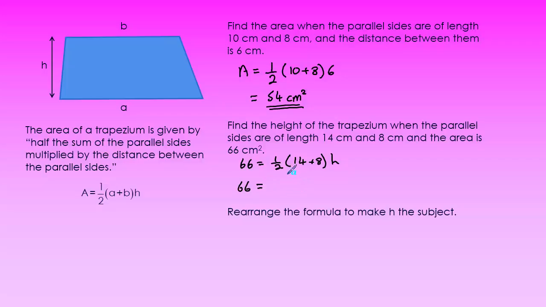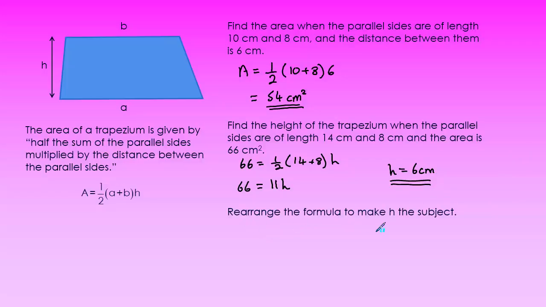So 66 is half of 14 plus 8, times h. So 14 and 8 is 22, half of that is 11. And then 66 is 11h, tells us that h must be 6 centimeters. 6 times 11 is 66.